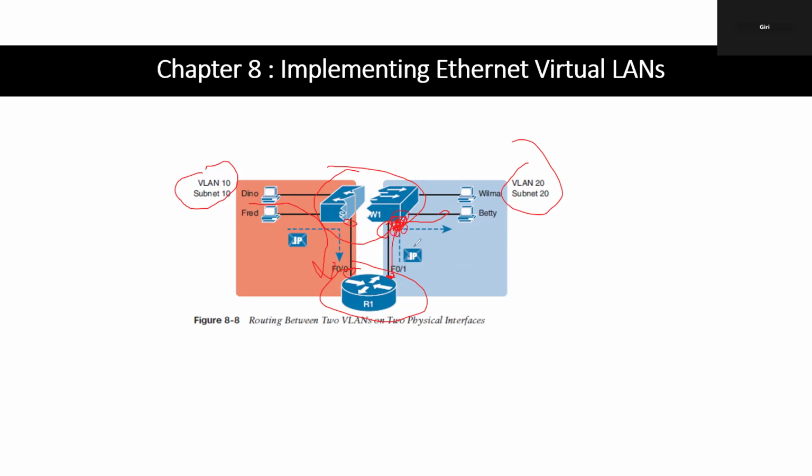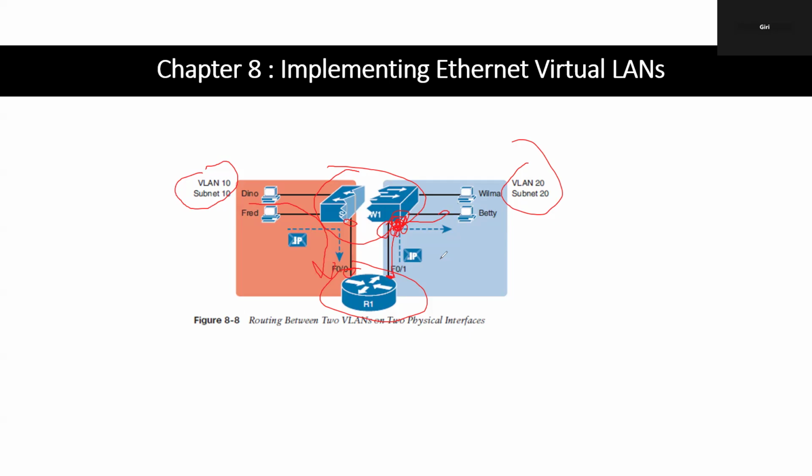It's going to know we're going to go from subnet 20 to VLAN 20, because now we're going to encapsulate it into layer 2, and of course into layer 1, to get on the wire. When it gets to the switch, it's going to read the frame and say, hey, this is destined for something in VLAN 20.